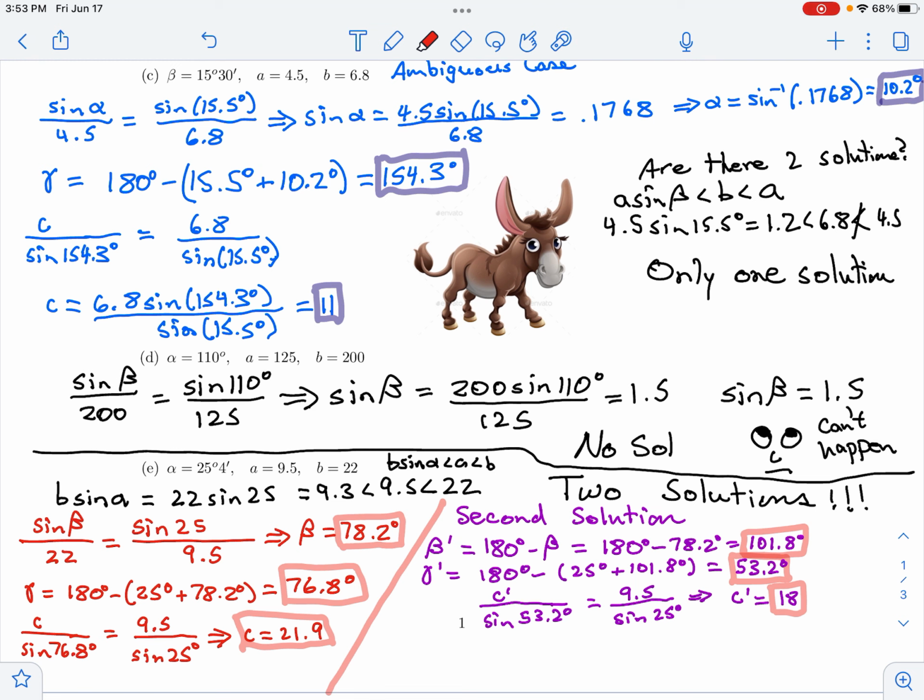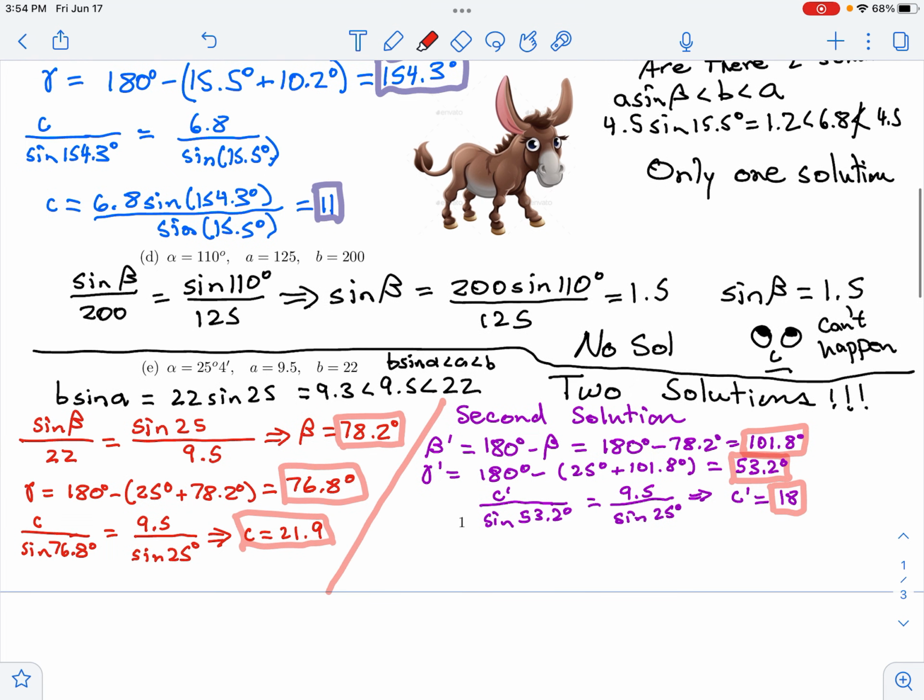That can never happen. Sine beta can't ever equal anything bigger than 1 or anything less than -1. So right away that tells us there's no solution. If you forgot that and you punch into your calculator beta equals inverse sine of 1.5, your calculator will let you know that's an error. So there's no solution there.